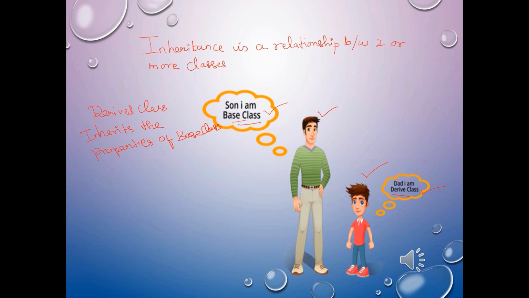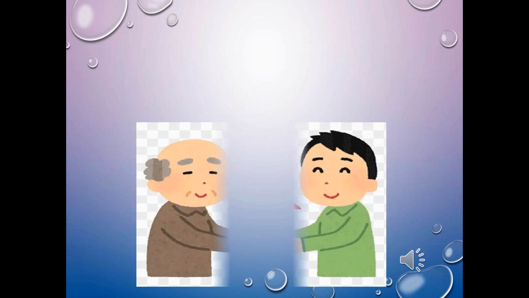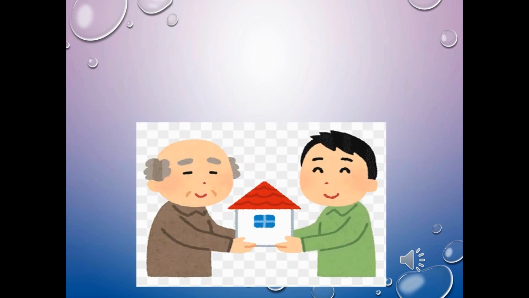Next, let's learn what is a base class and what is a derived class. What is base class? Base class means the class whose properties are inherited by another class.